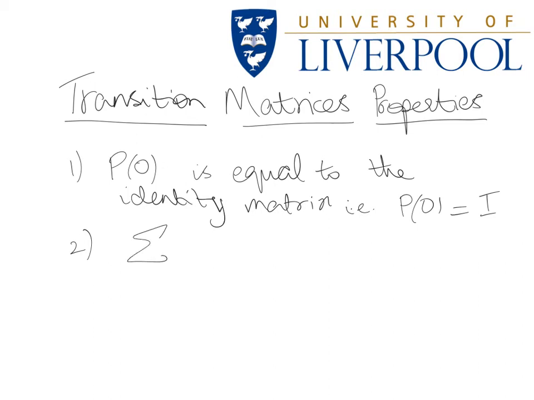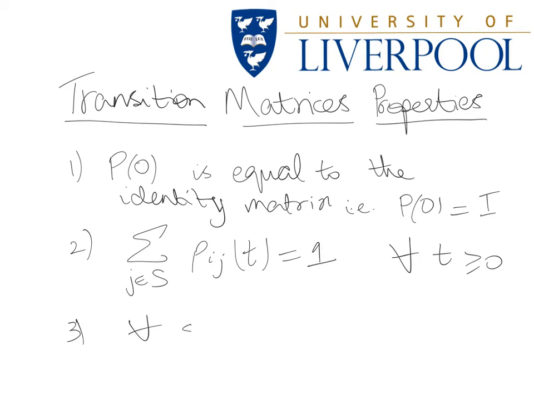That is, the sum of the transition probabilities along each row must sum up to 1 for all t greater than or equal to 0. And the third property is that for all s and t greater than or equal to 0, P(s plus t) equals P(s) times P(t).